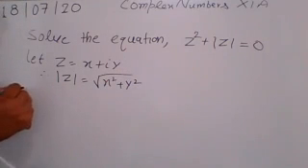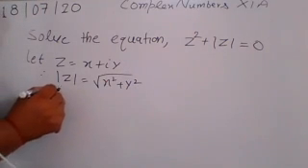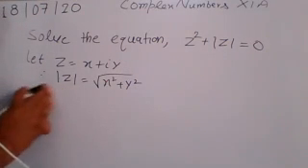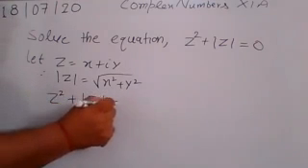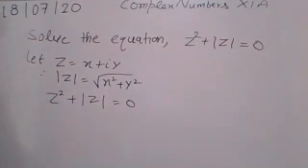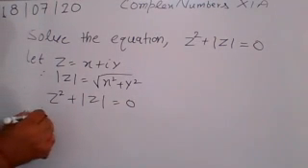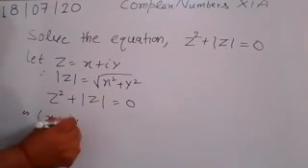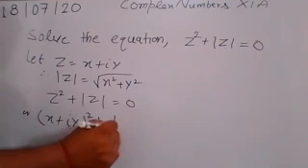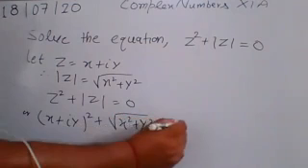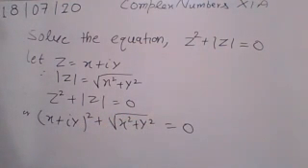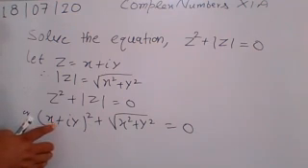So here you have the equation z square plus mod of z is equal to 0. Now putting its value, x plus iy whole square plus under root x square plus y square is equal to 0. Now you expand this one.